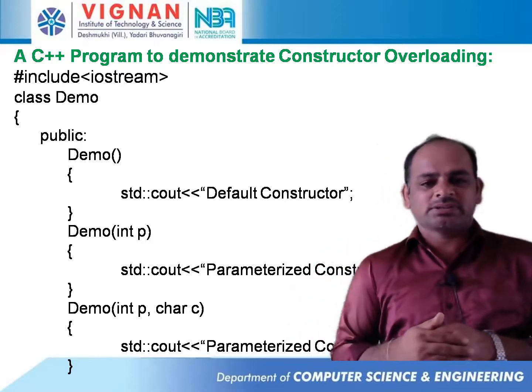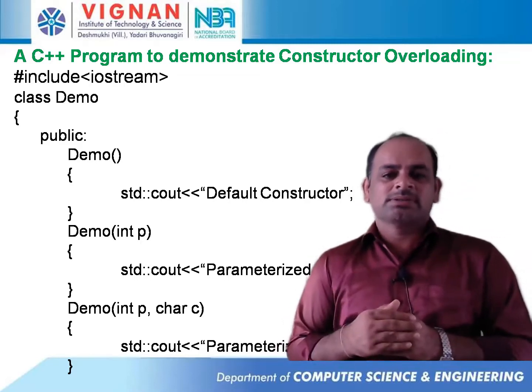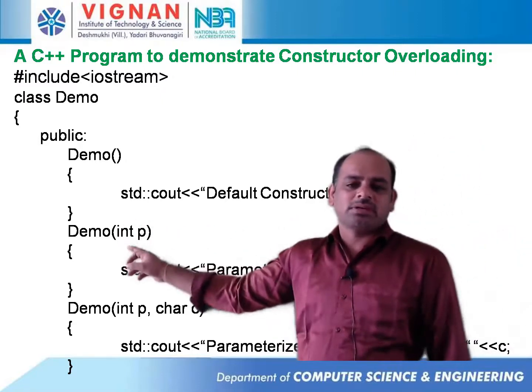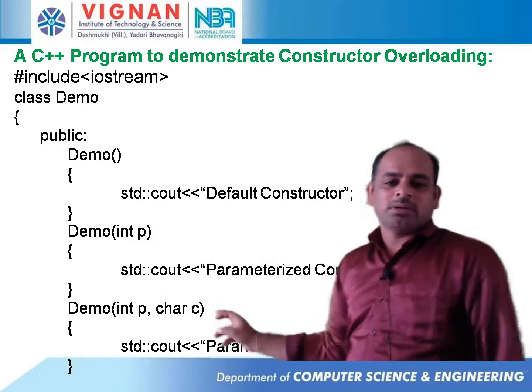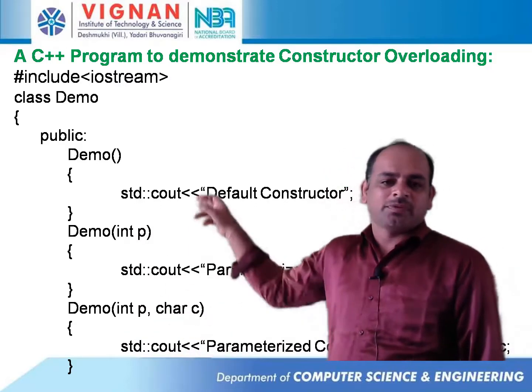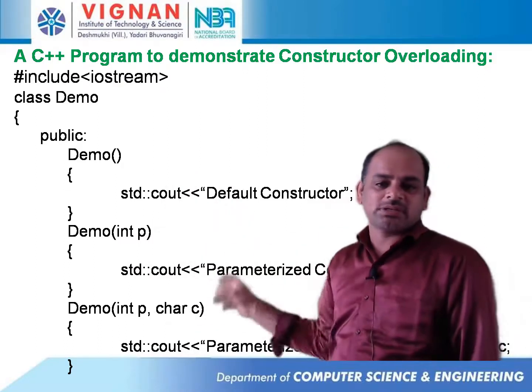Here we have three constructors. One is a default constructor, and two are parameterized constructors. One you can see here is the parameterized constructor with one parameter, that is p here, and this is also a parameterized constructor with two parameters here, right? So these are three constructors with the same name, but the signatures are different.